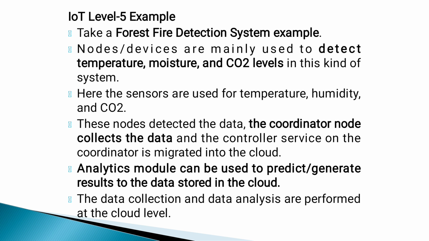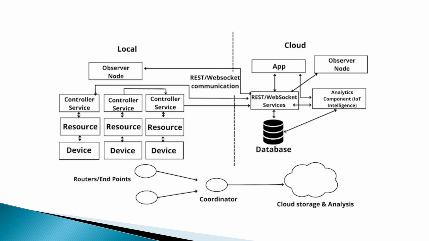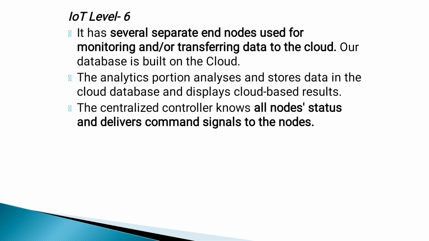The analytics model can be used to predict and generate results from the data stored in the cloud. The data collection and the data analysis are performed at the cloud level. So this is the diagram for the IoT level 5. The coordinator is present.